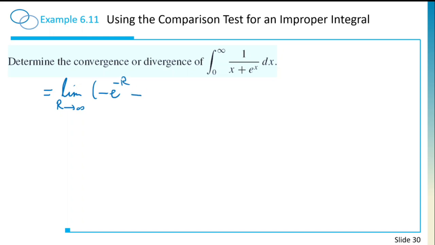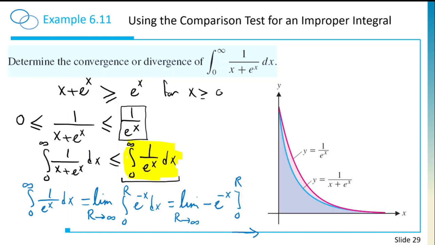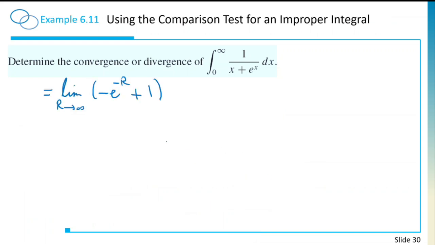Notice that when you replace it, it's negative, and I already have another negative, so it's plus e to the power of 0, and e to the power of 0 equals 1. So this is negative e to the power of negative r plus 1.